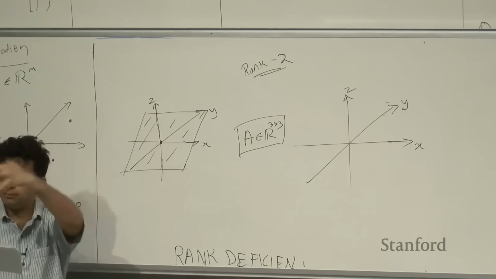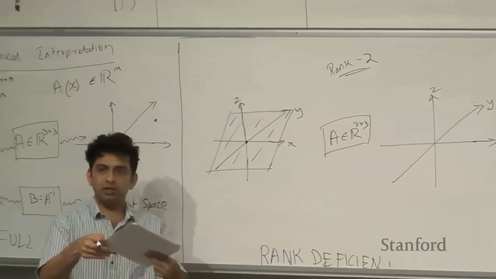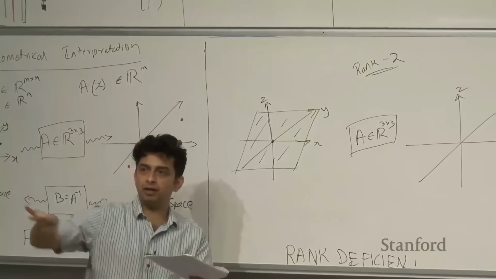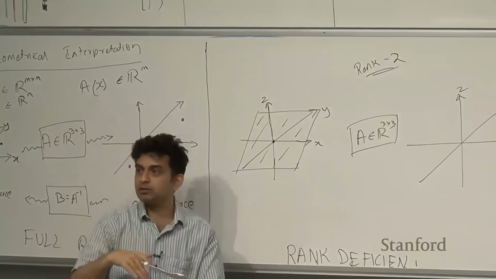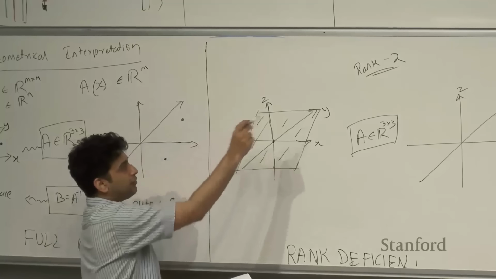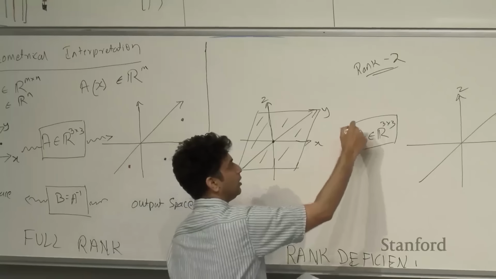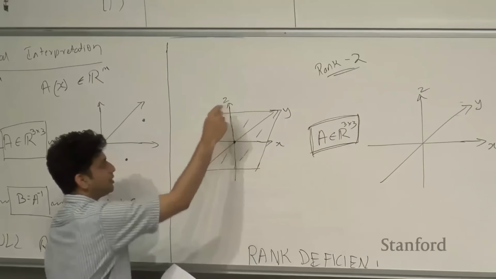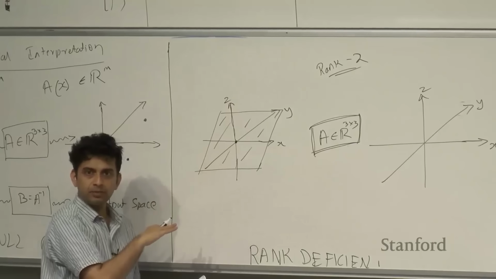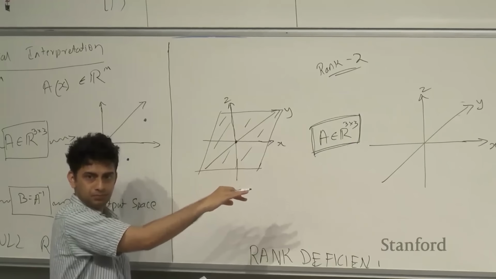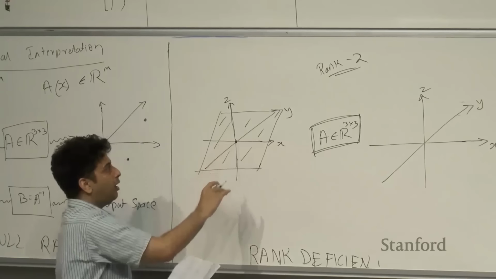Assume this room to be the ambient 3-dimensional space. Any 2-dimensional plane, for example, this paper that extends indefinitely along all directions, is a subspace that lives in this 3-dimensional space, right? Now, if the rank of the matrix is 2, and it is a 3 by 3 matrix, then in this 3-dimensional ambient space, there exists a 2-dimensional subspace that is specific to this matrix, and that subspace must pass through the origin, right?